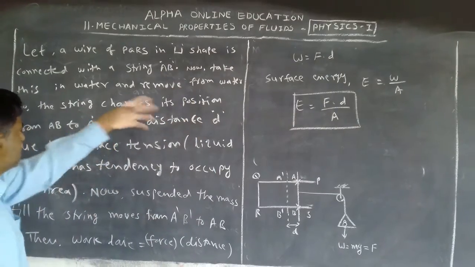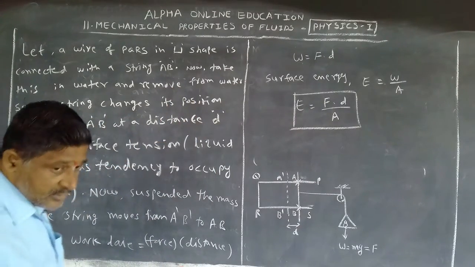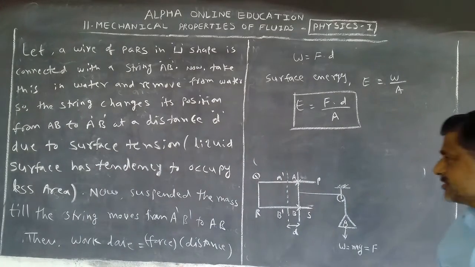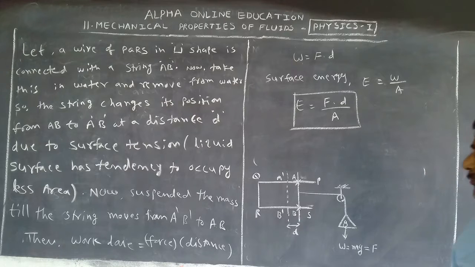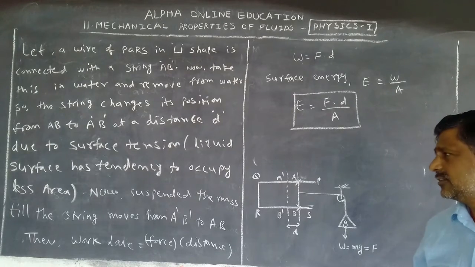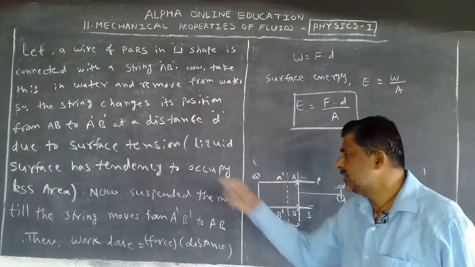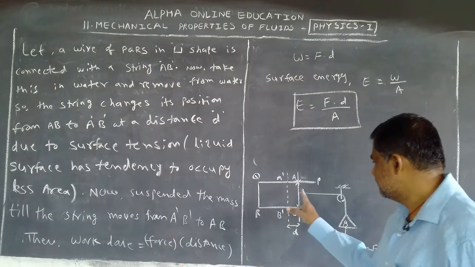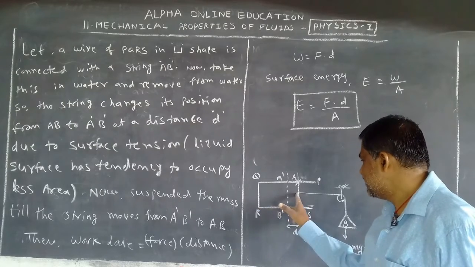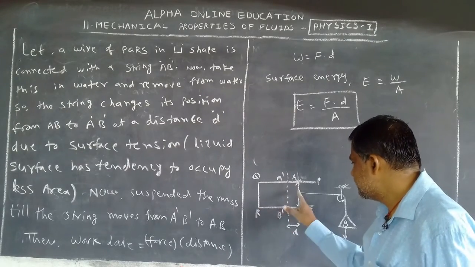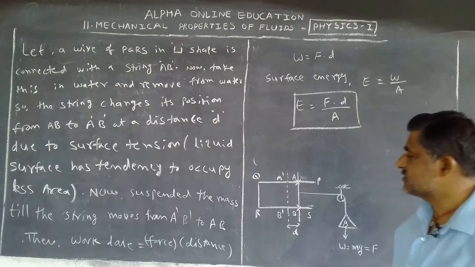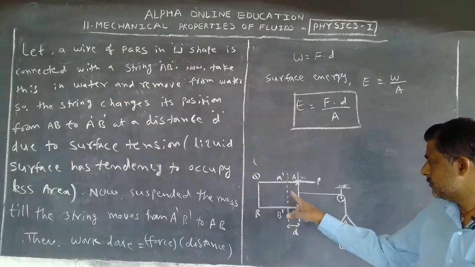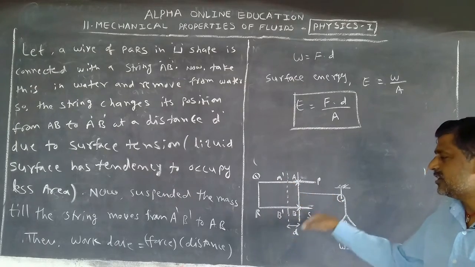So the string changes its position from AB to A dash B dash at a distance d due to surface tension. Due to surface tension, the liquid surface has a tendency to occupy less area. That's why it moves to this side. Here the area is more, but here the area is less. Now suspend the mass till the string moves from A dash B dash to AB.